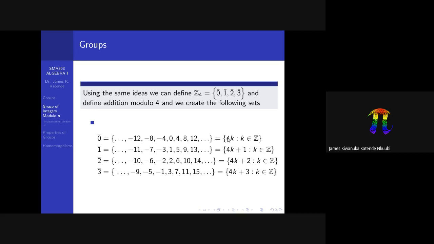It's all integers of this form. For you to see that, all you have to do is pay attention. We are looking for all integers of this form, and k is not restricted to positive integers. k is just an integer. It can be negative. Understood now?